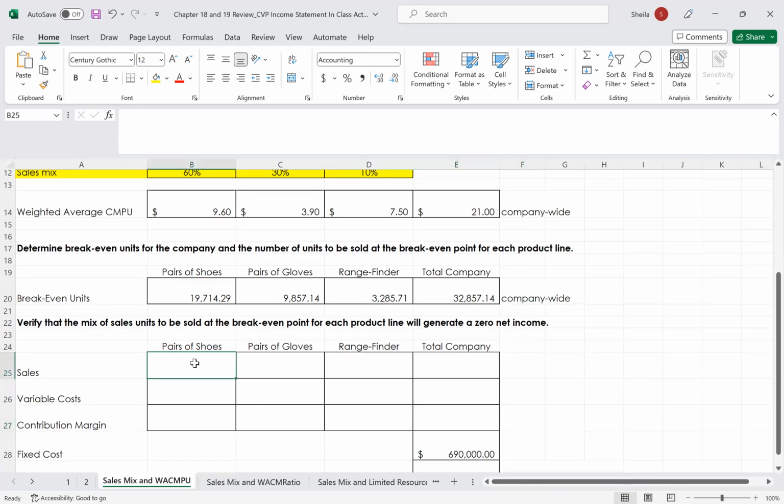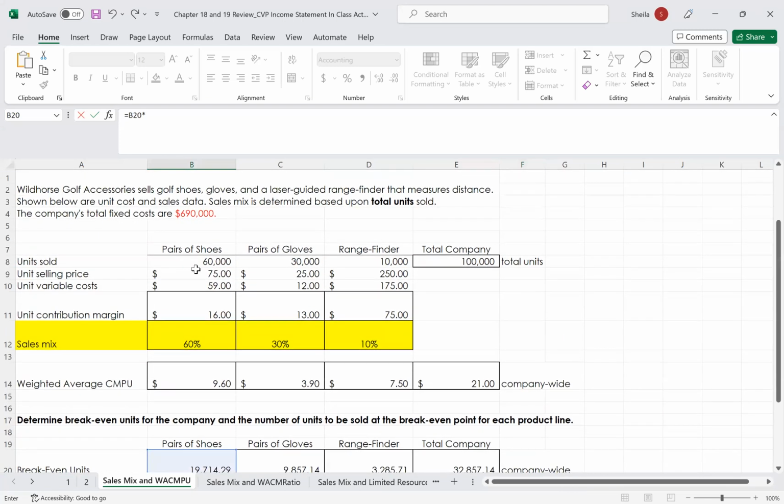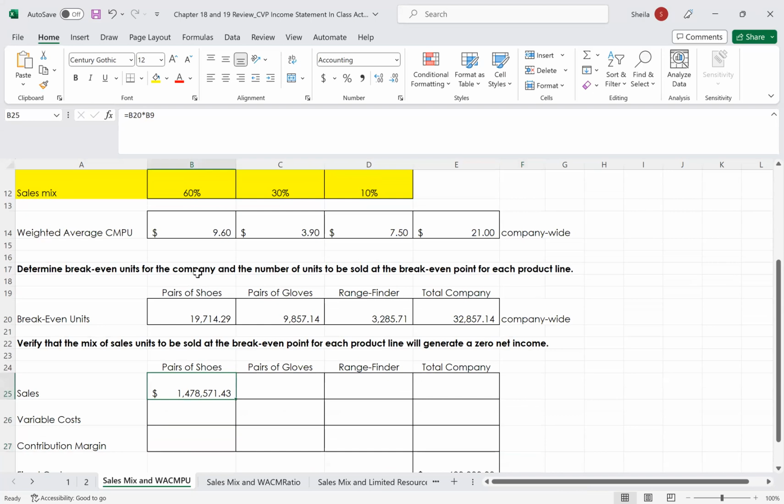Well, I can take my break-even units that I previously calculated and go back to the very top of this, and take that times my selling price. So my selling price per unit times my break-even units gives me total sales. I can do that for each one of these.